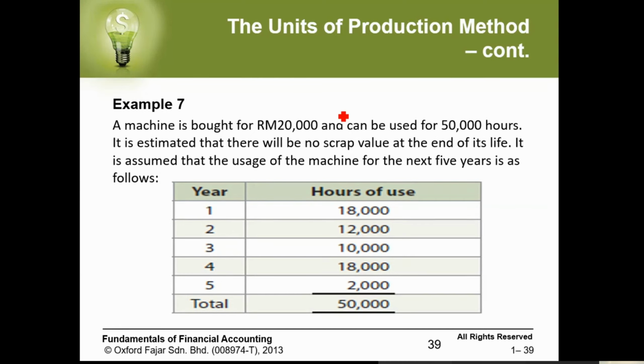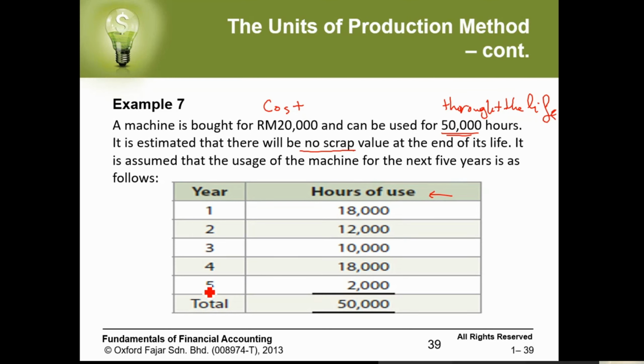So the cost is 20,000, the number of hours throughout the life of the machine is 50,000 hours, and it is estimated that there will be no scrap value at the end of the life. The usage per year is assumed to be 18,000, 12,000, 10,000, 18,000, 2,000 hours for each year.